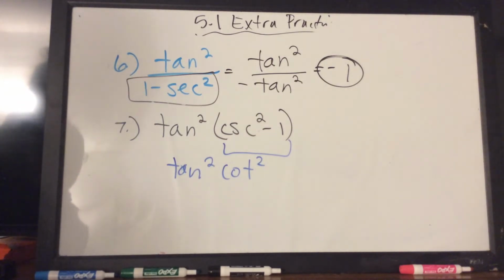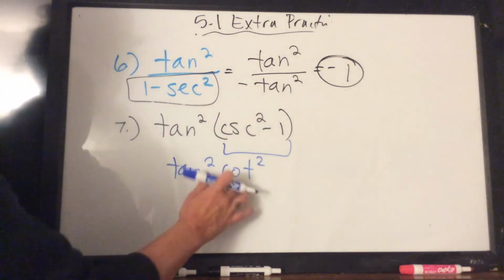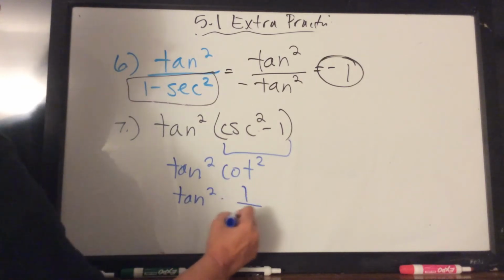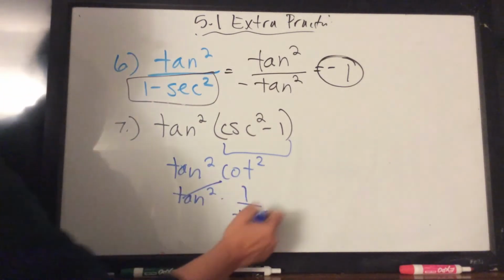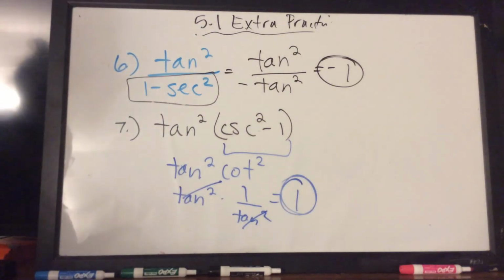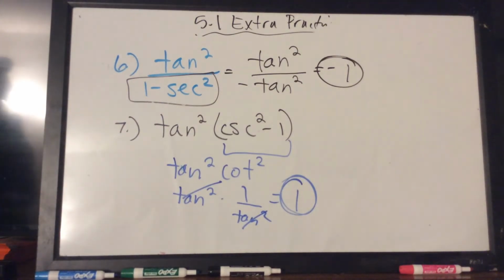And I get it where you guys are like, well, Miss P, you said turn everything to sine and cosine. Yes, most of the time. But in this case, this is tangent squared. This is 1 over tangent squared. And some of you will see right away that equals 1 again. Again, number 7 is 1. Questions on that? Any?